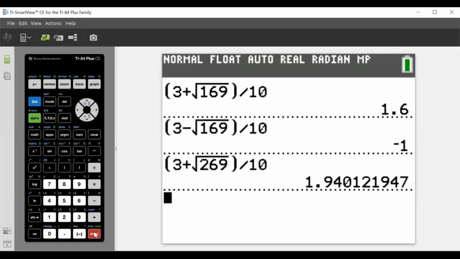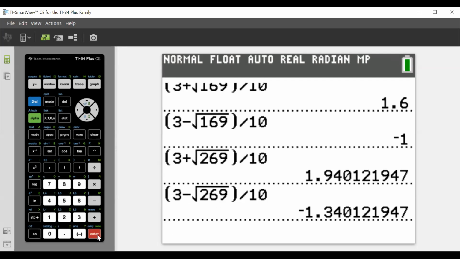And so now this one gives us a couple more decimals, so 1.940, and that 1 doesn't round up, so it'll be 1.940. And then we can do also the negative, put minus here, and we get a negative 1.340.